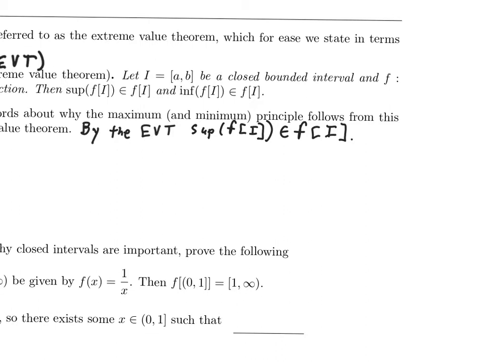So let's remember what that means. What does it mean to be in the image of a function? That means there's some input in I which f sends to this thing.